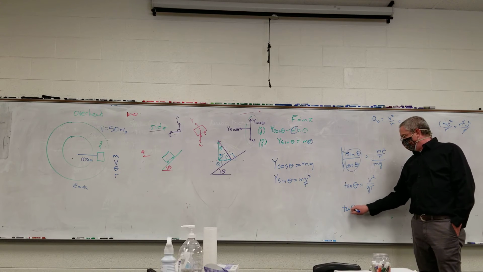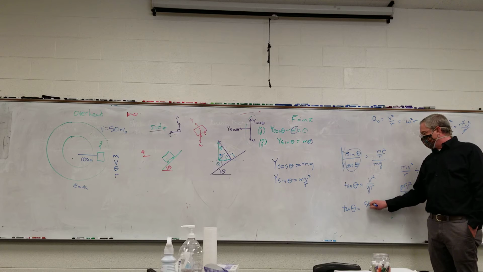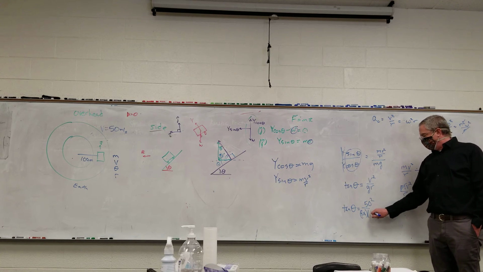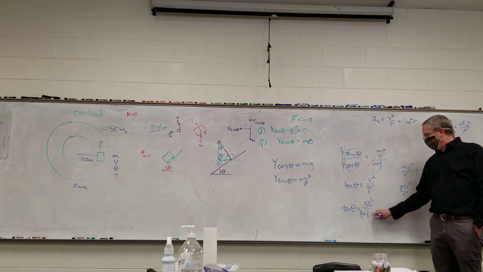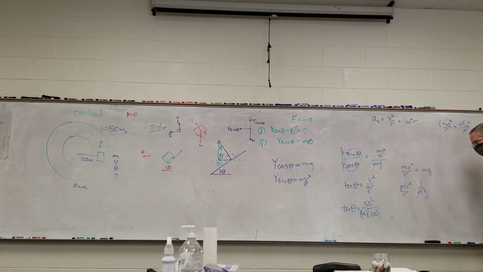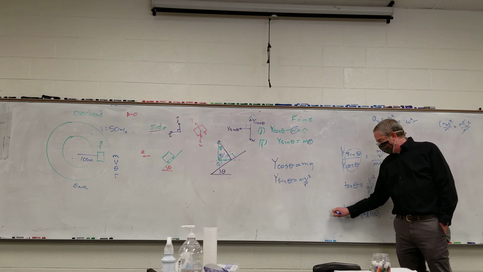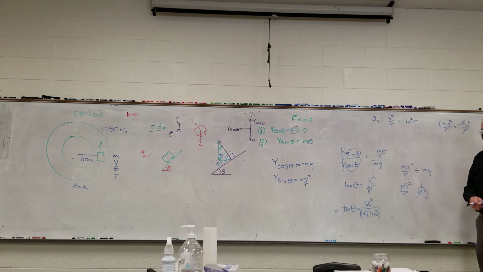Tangent of theta becomes 50 squared divided by 9.8, and then 100 on the bottom. Somewhere around 2.5.